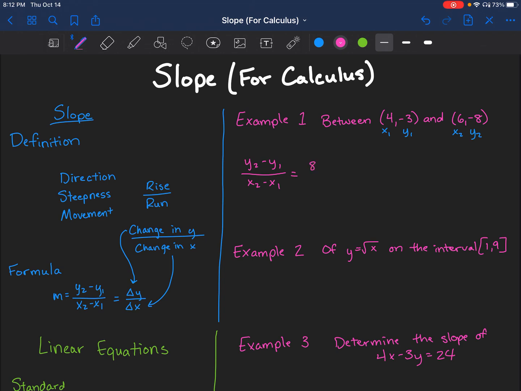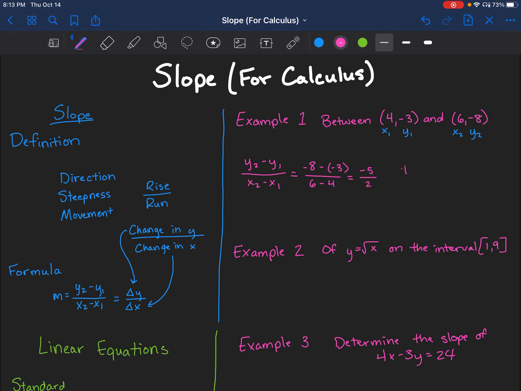So when I plug these in, y2 is, excuse me, negative 8, minus y1 is negative 3, over x2 is 6 minus 4. So I'm going to grab my handy dandy little calculator and type that in. I'll do the negative 8 minus negative 3, which gives me negative 5, over 6 minus 4, which is 2.